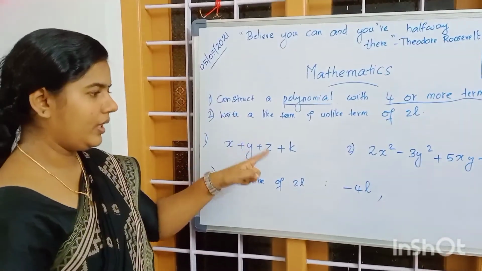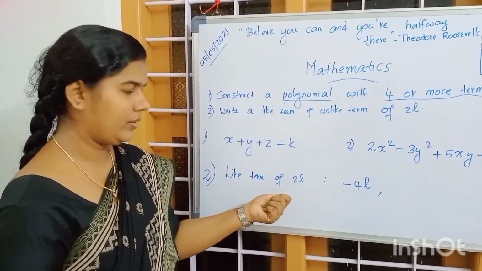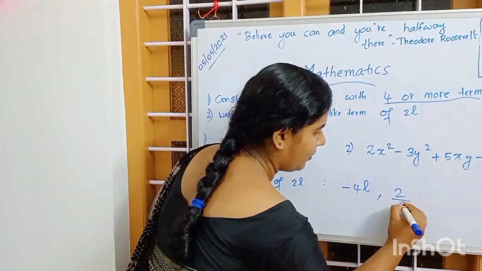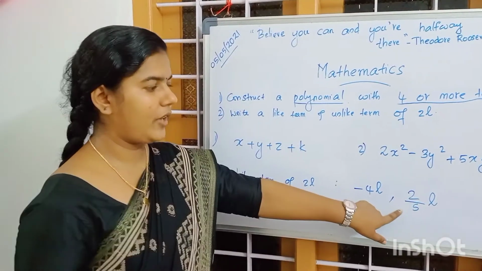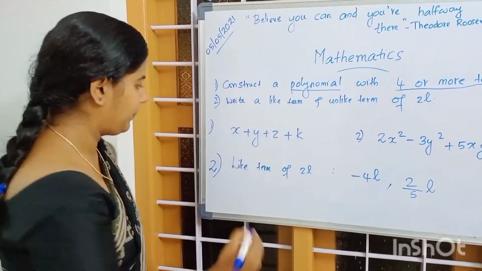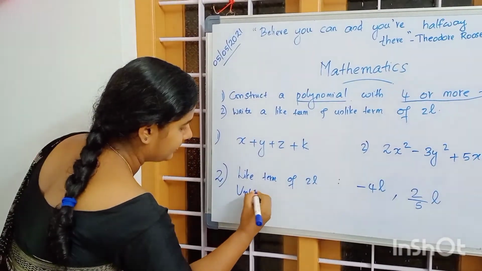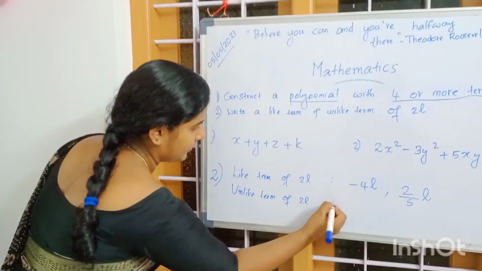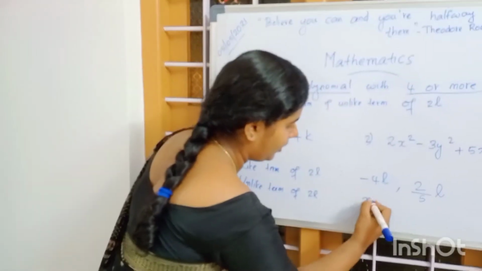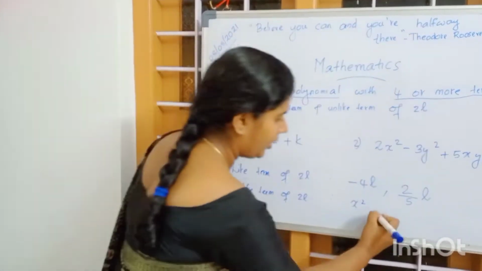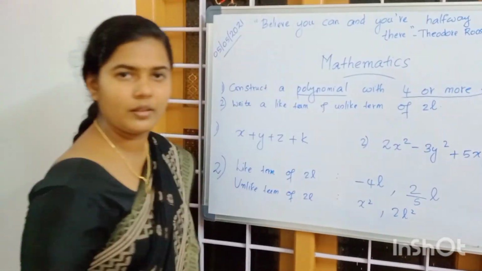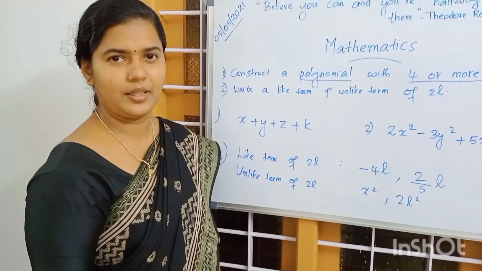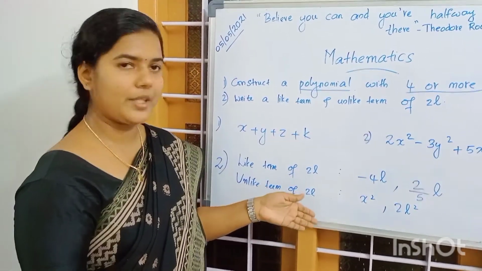We need only one, but I am asking you for one more. Yes, 2 by 5L. If it is a fraction, there is no problem. Okay. And what about unlike term? Yes, it's simple. You can write x square. You can write 2L square. All these are unlike terms.